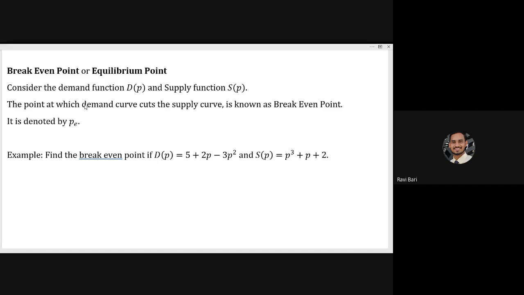So here we have a demand function and a supply function, and we want to know what the break-even point is. So we have two equations.